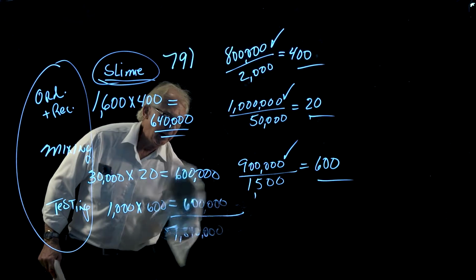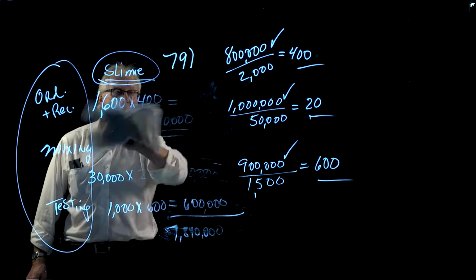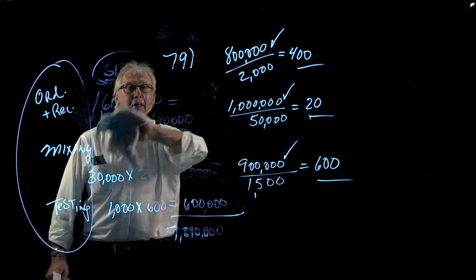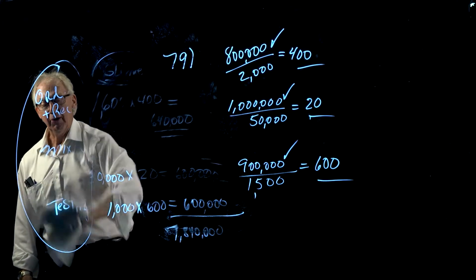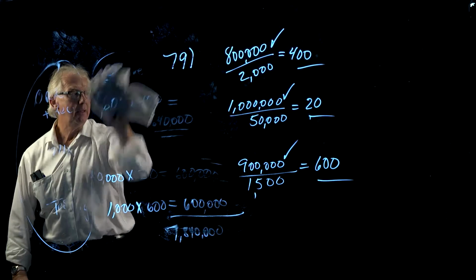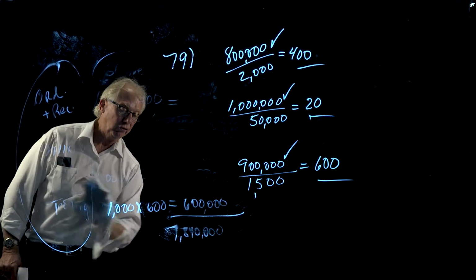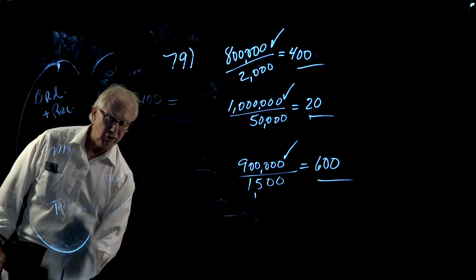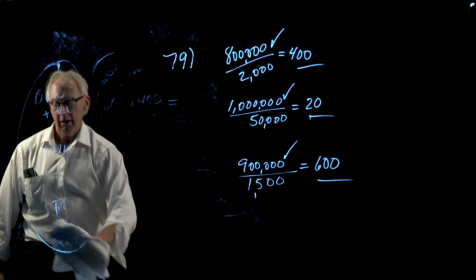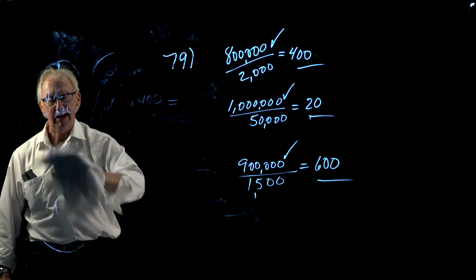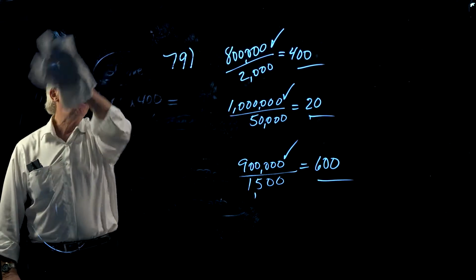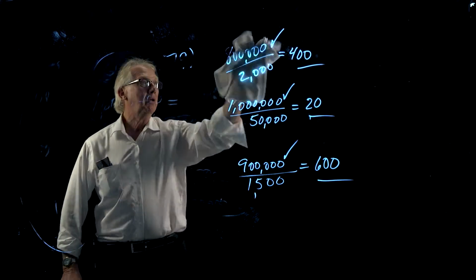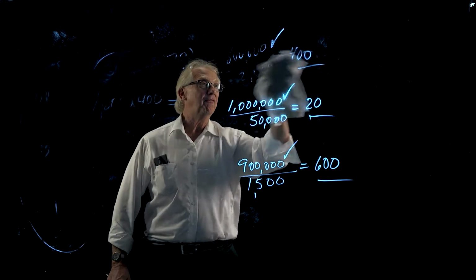Now, let me erase this quick and let me go over another problem that uses traditional costing or overhead allocation, and this will be very similar to what we did in chapter 15.